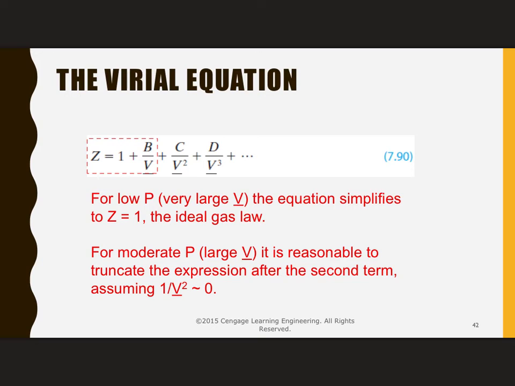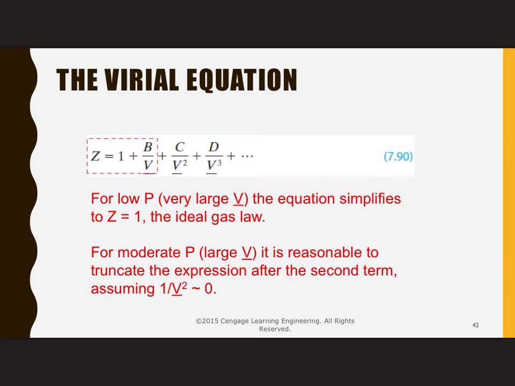So the virial equation, returning to that, for very low pressures, when you have a very large volume, okay, very small density, the equation is going to simplify to being an ideal gas, okay, Z equals 1. But as the pressure increases, you get a large V. It's not huge, though, okay?